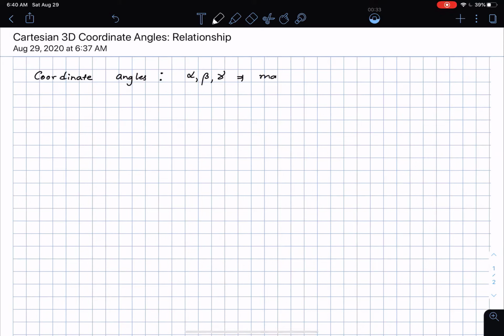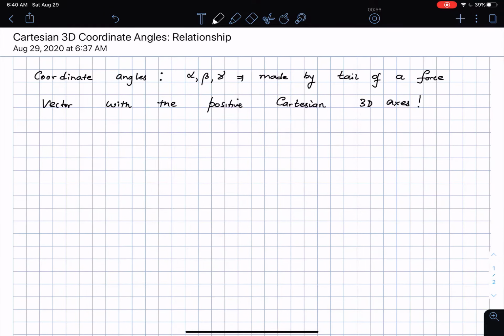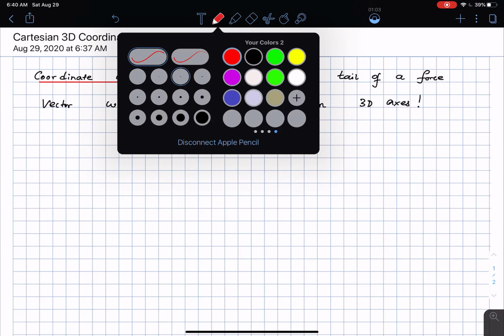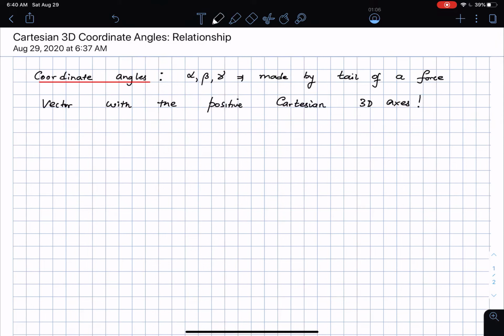These are the angles made by the tail of a force vector with the positive Cartesian 3D axes. Okay, and so I'm going to draw a figure that I'm going to repeatedly make use of, and our aim is, okay, what is the relationship between alpha, beta and gamma?